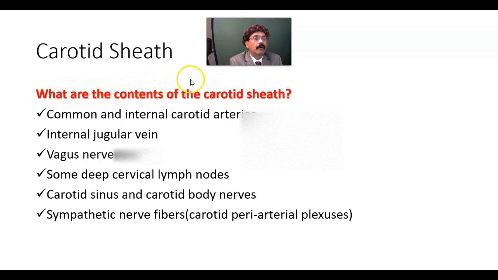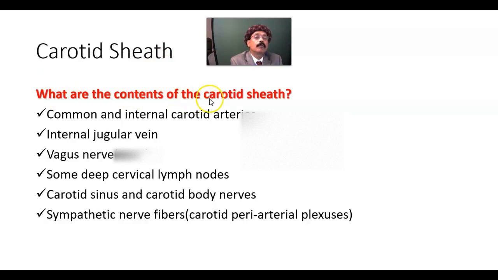At the level of the upper part of the hyoid bone, and at the root of the neck just above the superior mediastinum, the carotid sheath blends with the tunica adventitia of the blood vessels.